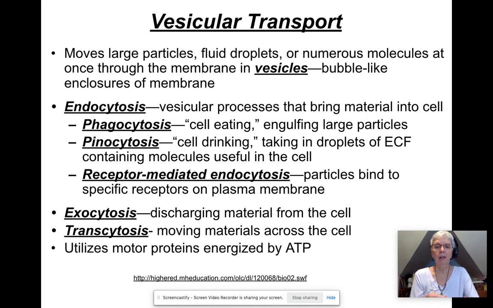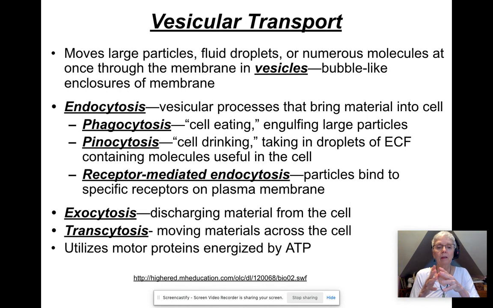There's pinocytosis, where you're bringing in small droplets of a molecule. And there's receptor-mediated endocytosis. This is when particles bind to a very specific chemical receptor on the plasma membrane, and that chemical is brought into the cell.